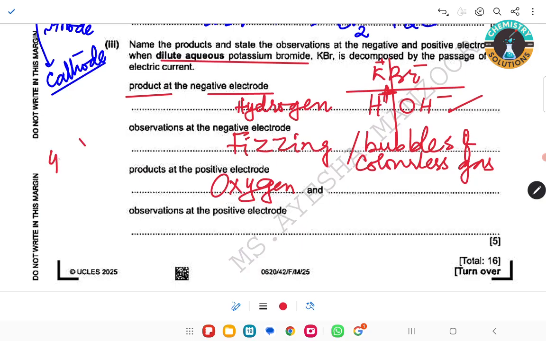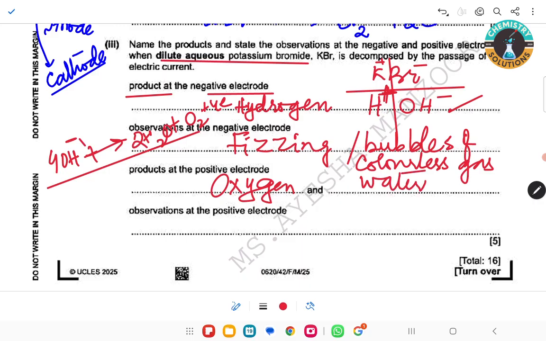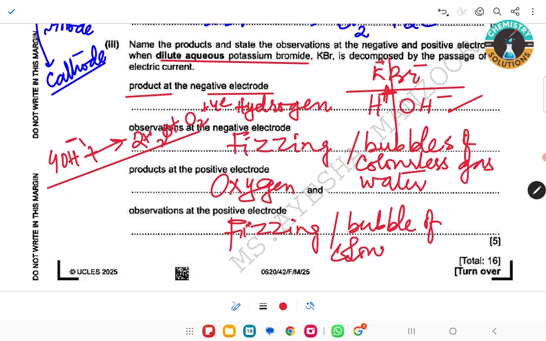If we have this equation, 4OH negative gives 2H2O plus O2 plus 4e, then water and oxygen are produced. Observation at the positive electrode: again colorless gas, fizzing or bubbles of colorless gas will be seen.